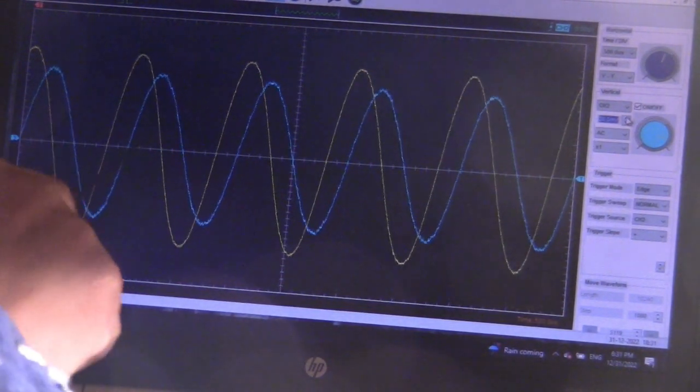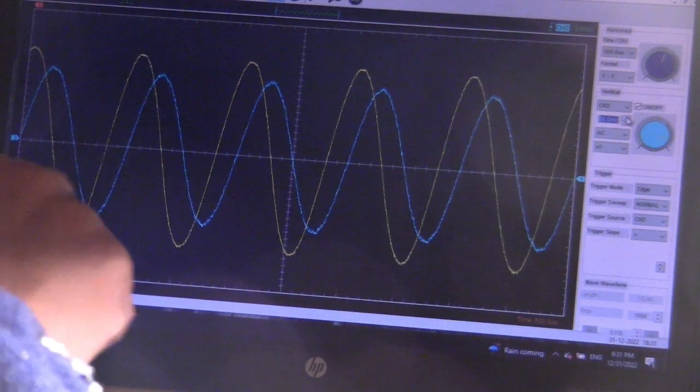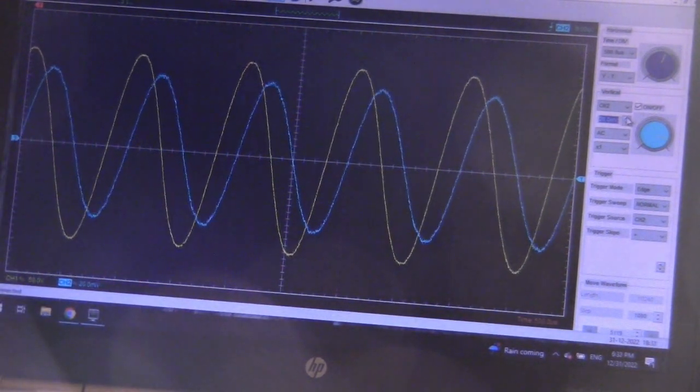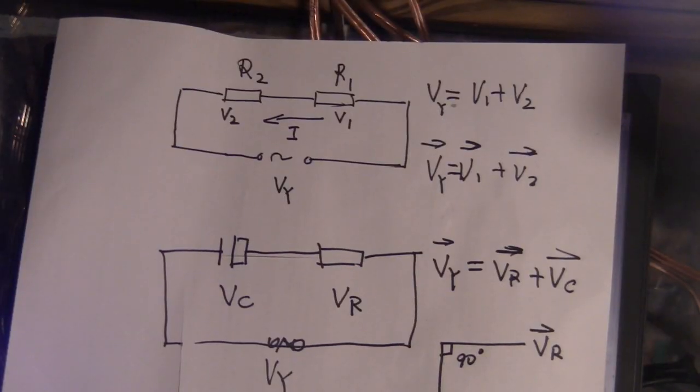They don't match each other here. They have a shift. And what is that? What does that blue line shift mean to us?